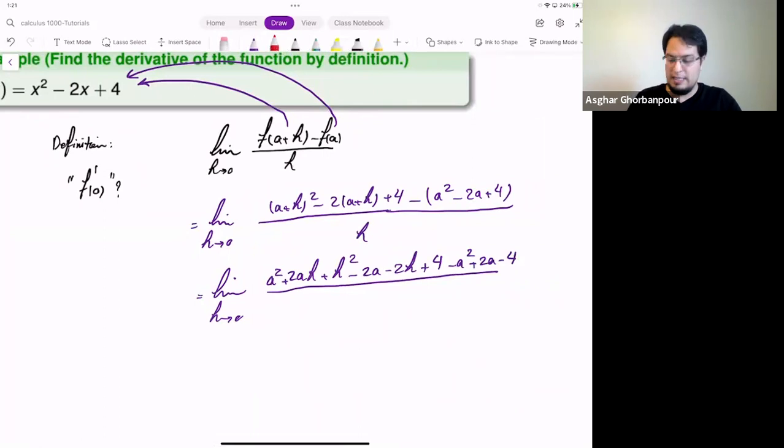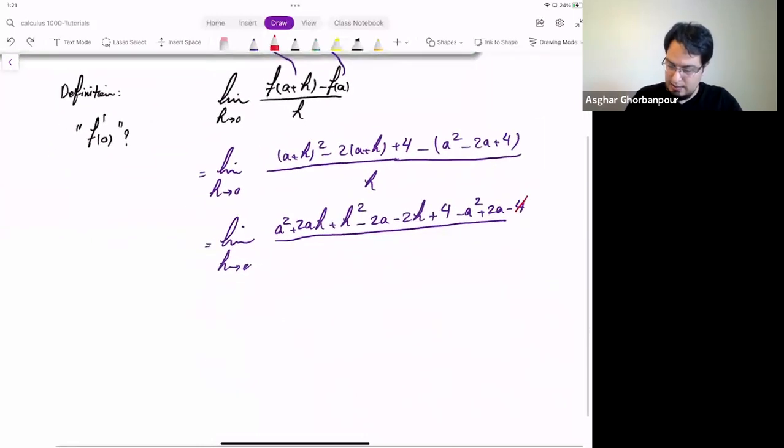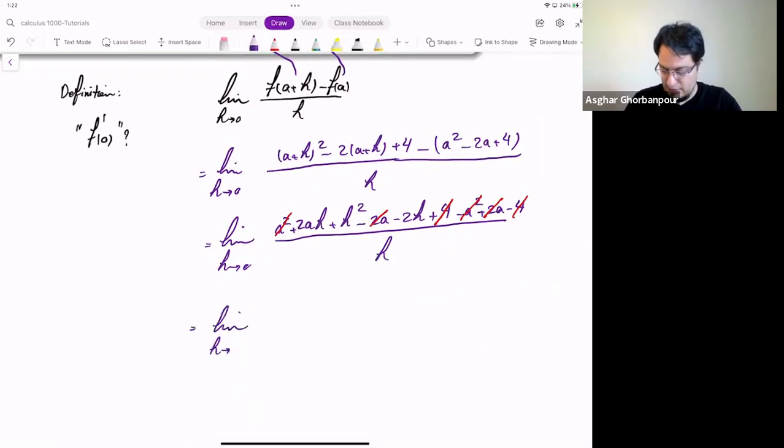And when you do this, you see that this cancels with that, this cancels with that, this cancels with that, and everything is divided by h. I have a very simple function. This is a rational function in h.